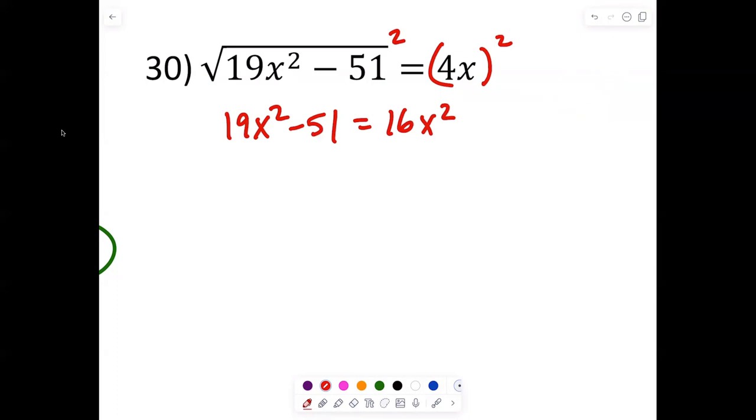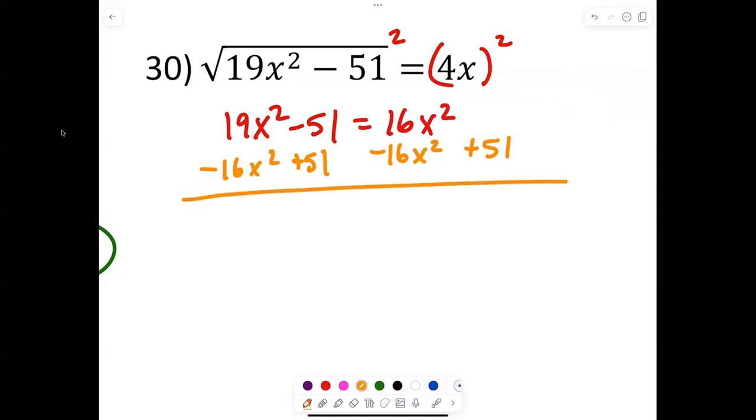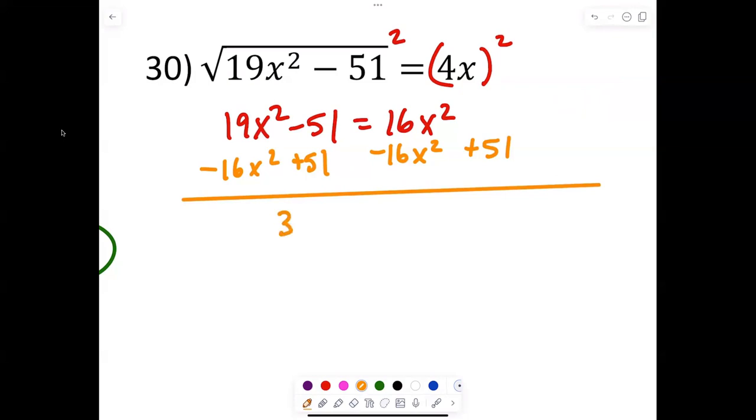Now I have to move things around. Yes, you're going to add 51 and subtract 16. That gives me 3x squared equals 51.